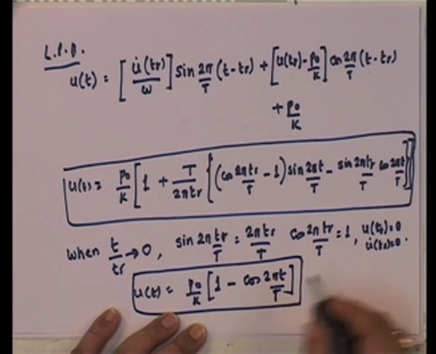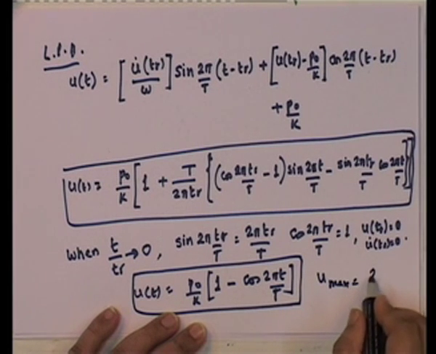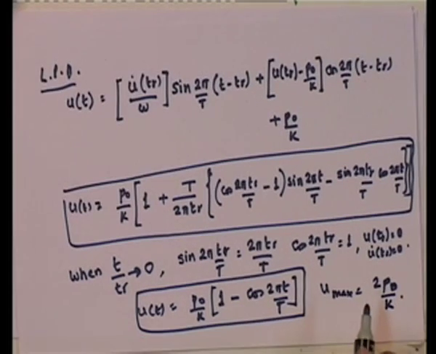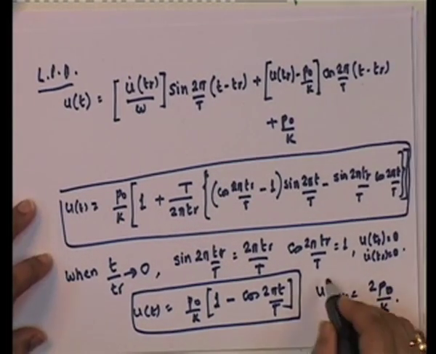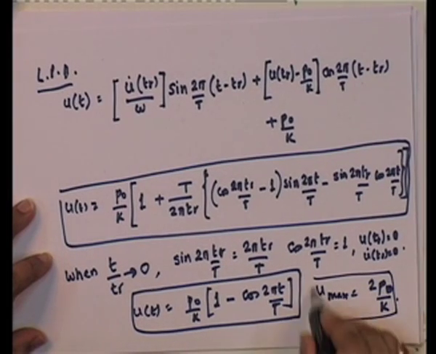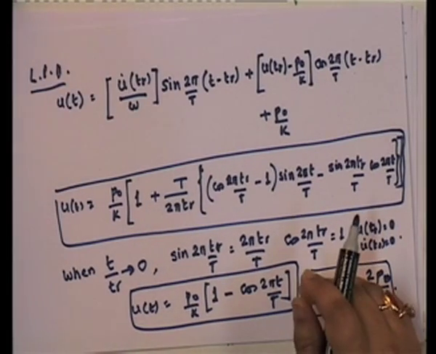Okay. And what is the maximum for this? 2 P naught upon k. Okay. Very interesting, and let us see what that means.